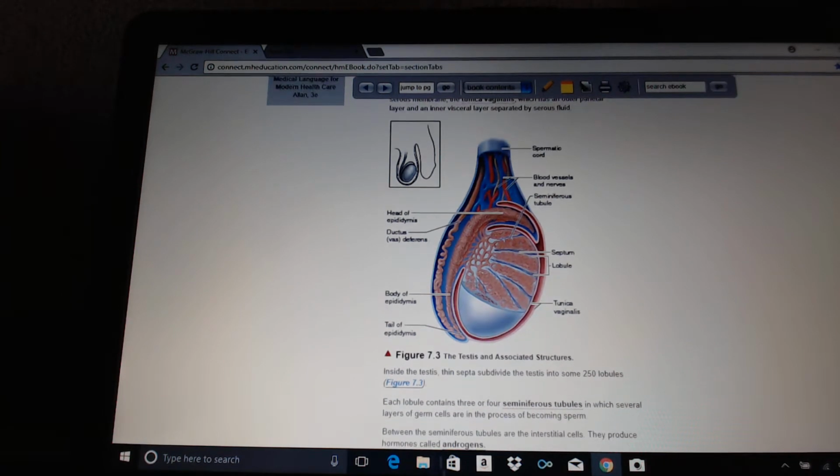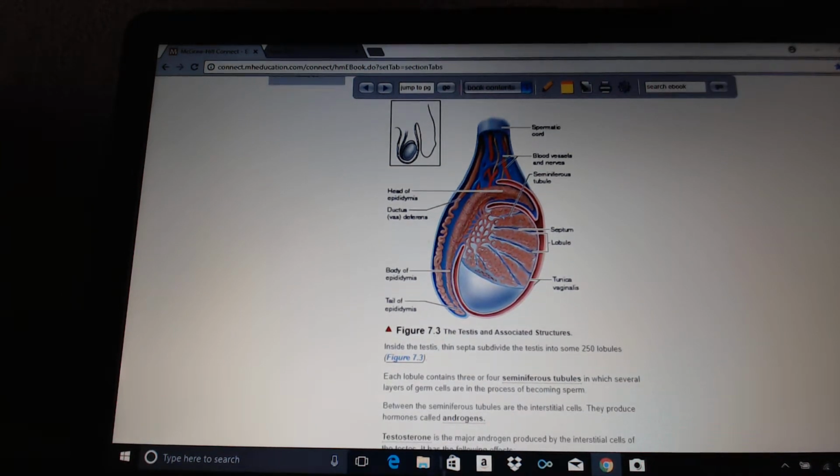All right, in figure 7.3, we see all of the coiled up tubes that make up the testes. And those tubes are called the seminiferous tubules. And those seminiferous tubules are going to converge into a comma-shaped structure called the epididymis that ultimately gives the sperm a chance to mature.